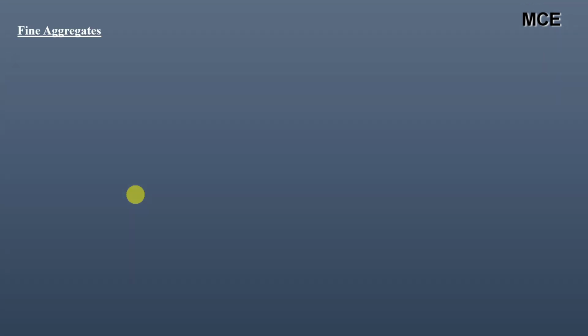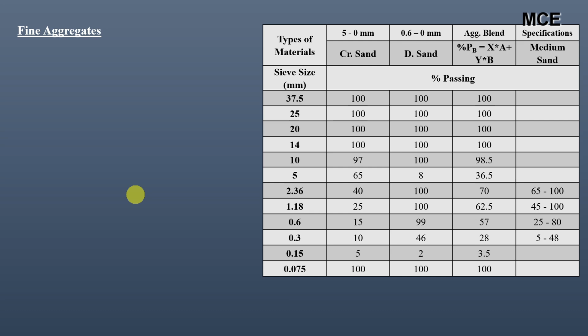After that, you will blend the fine aggregates to get the required specification. This time you will take 5 to 0 mm 50% and 0.6 to 0 mm 50% to get the required gradation within the specification limit.